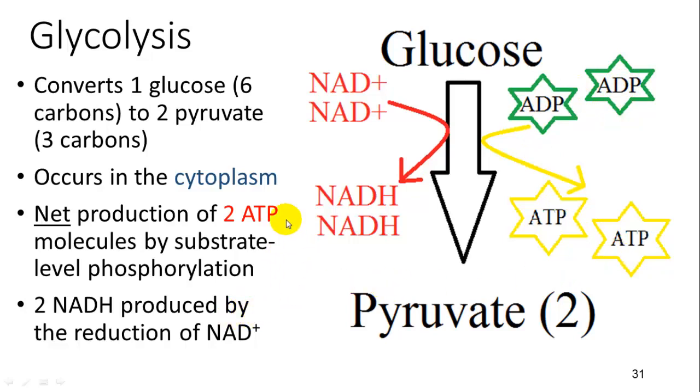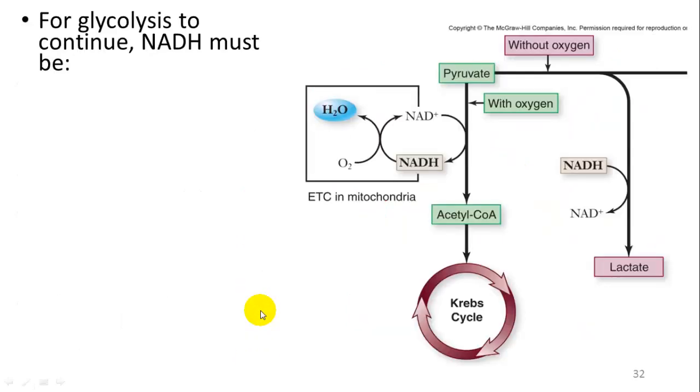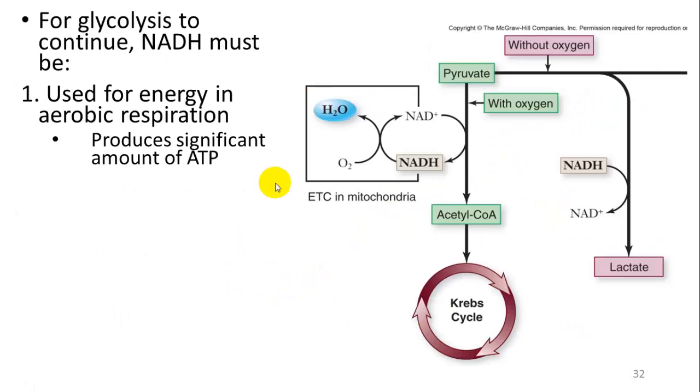Now, in order for glycolysis to continue, you need NAD+. Okay, so you have a couple other options for doing that, which we'll get back to. NADH you can just pass it through the Krebs cycle and the electron transport chain to make NAD+.